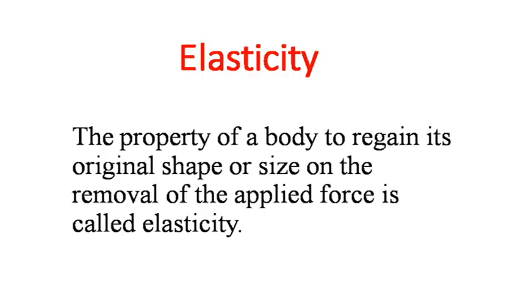Now we are going to learn about the concept known as elasticity. What is the proper definition of elasticity? The property of a body to regain its original shape or size on the removal of an applied force is called elasticity. I have applied a force. When I remove the force, the body will regain its original shape or size.